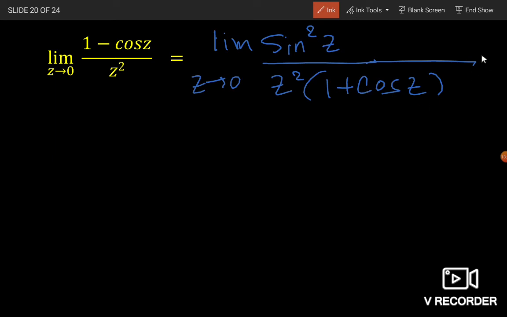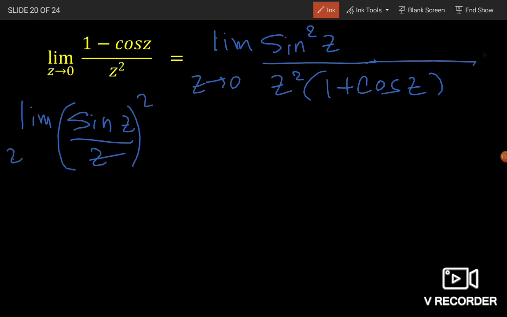So we can write this as the limit of sine z over z, squared, as z approaches 0, multiplied by the limit of 1 over 1 plus cosine of z as z approaches 0.